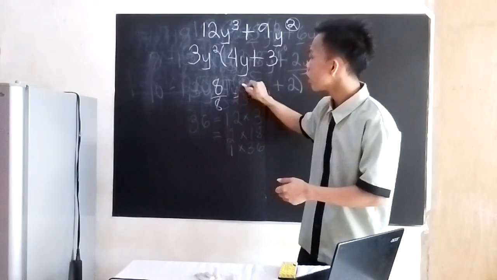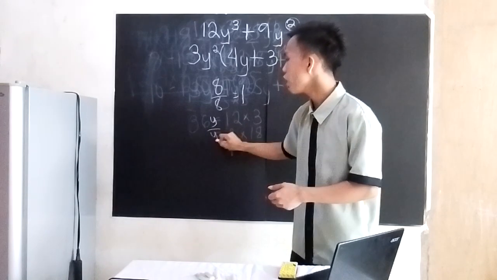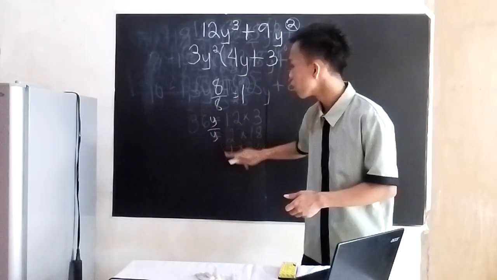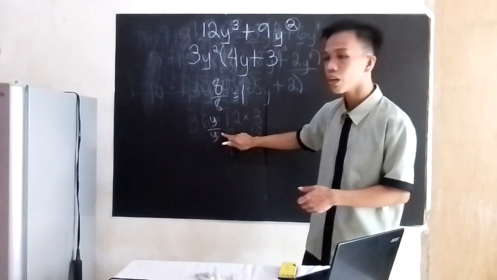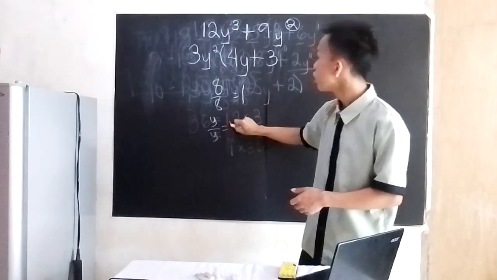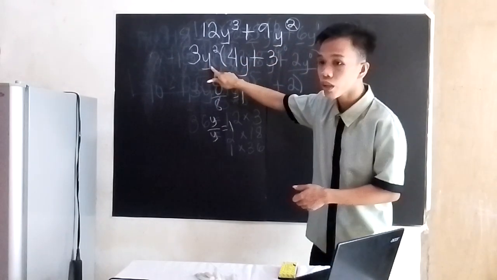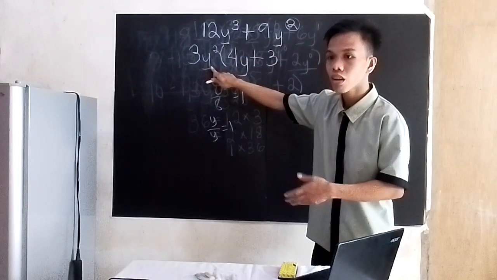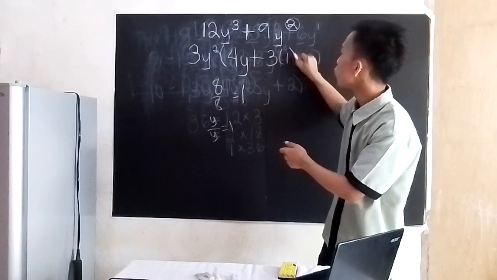That is 1. That's right. So the result in here is also 1. Since they are just the same, y squared and y squared, the result will be 1. So 3 multiplied by 1.